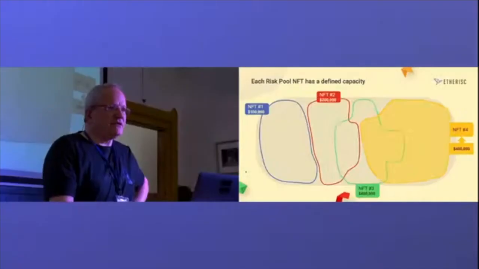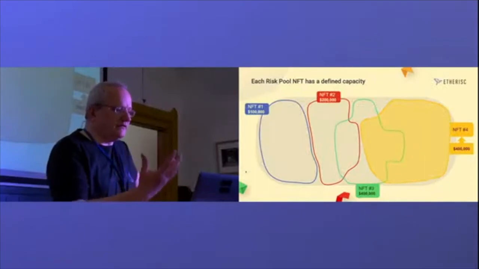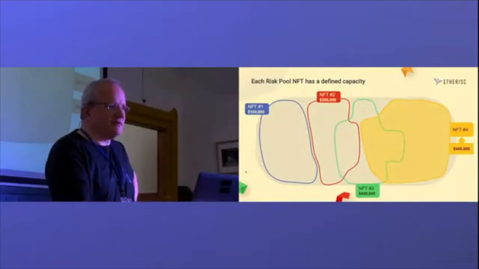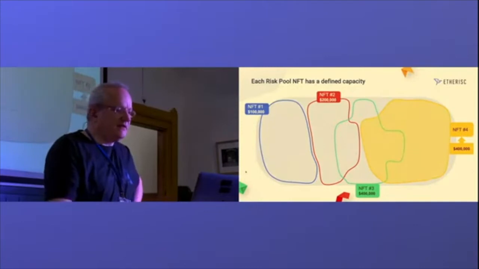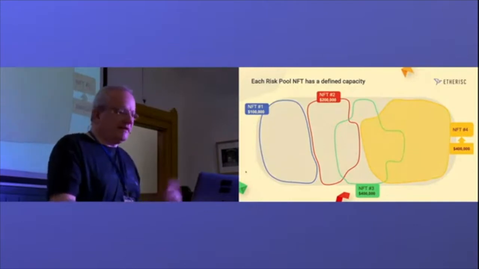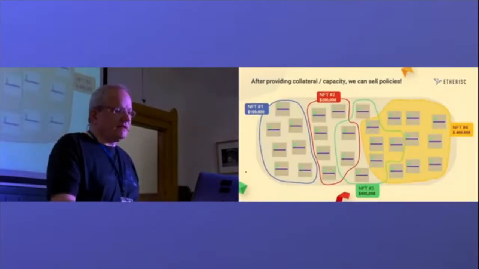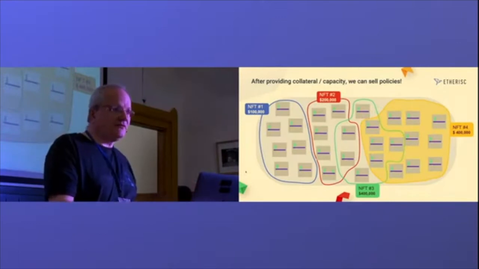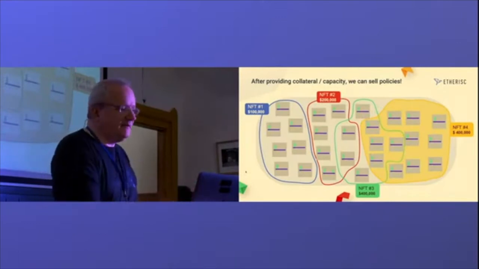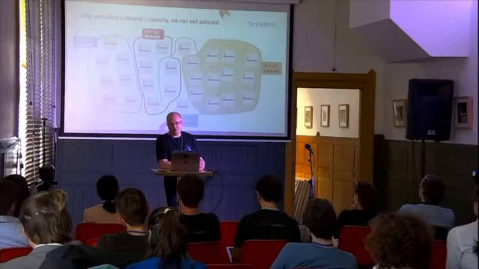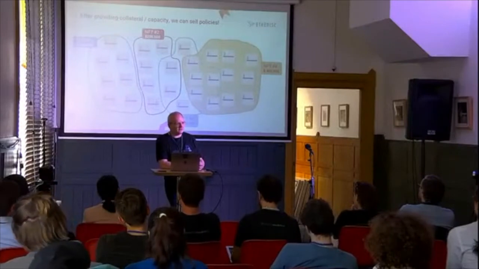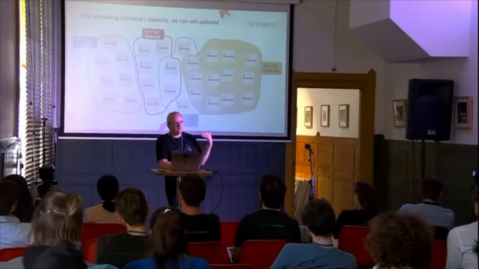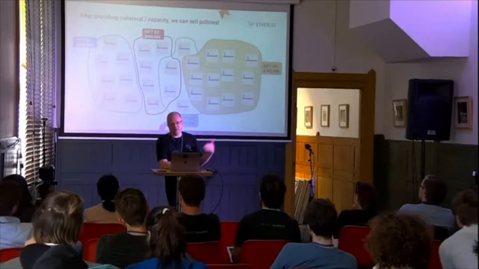Each of these NFTs has a specific capacity, which is defined by the people who create these NFTs. And of course, after we have provided this capacity, we can then start selling policies, because every policy needs an existing collateral before you are able to sell it.